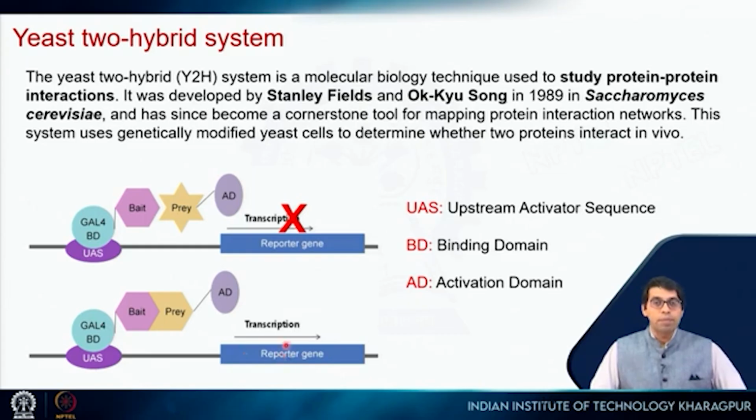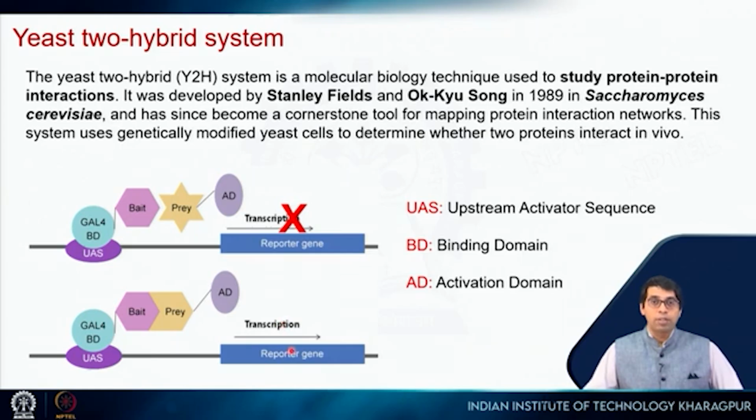This reporter gene can be anything. It can be a marker for antibiotic resistance, which means that those cells where this interaction happens will survive because this protein is expressed, and if you have given the antibiotic in the media, they will be able to survive. If there is no interaction, then there will be no survival.